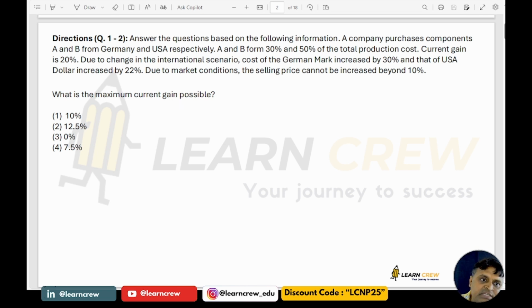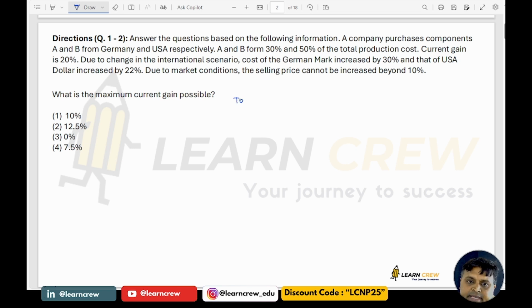For question number 1 and 2, the data is same. So, a company purchases components A and B from Germany and USA. A and B form 30% and 50% of total production cost.